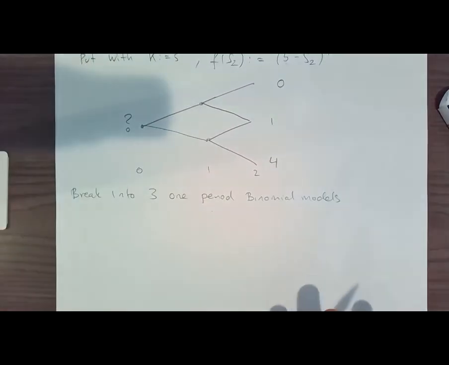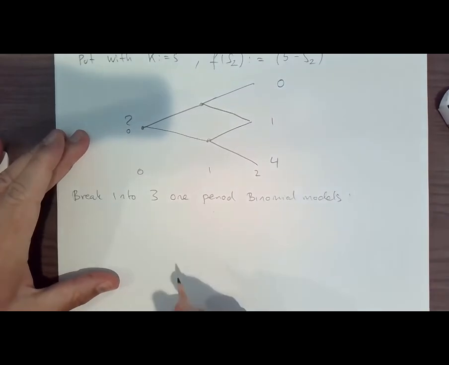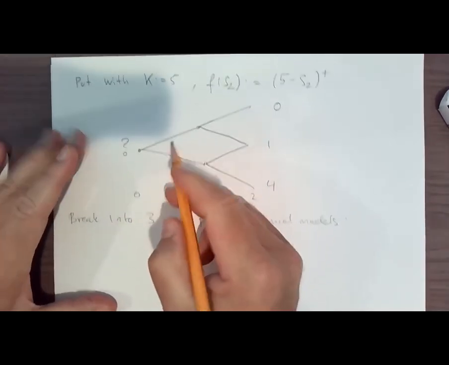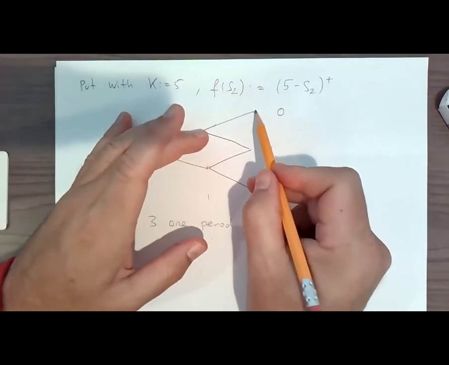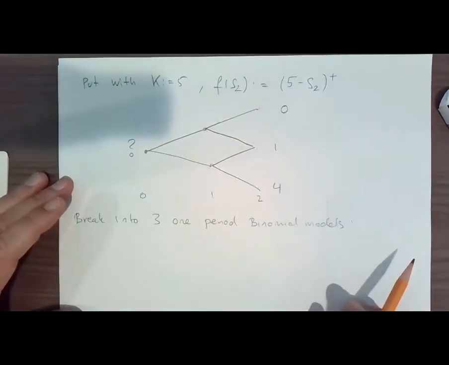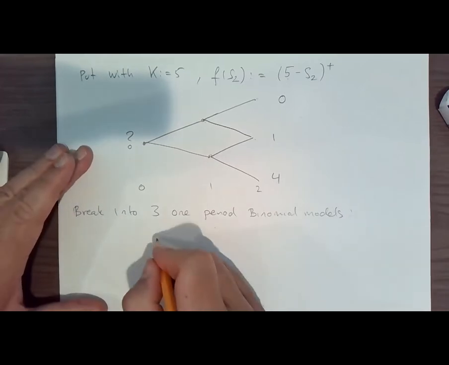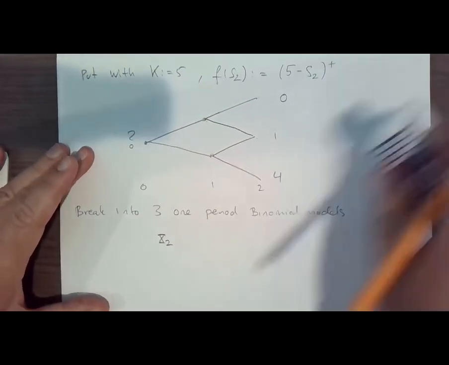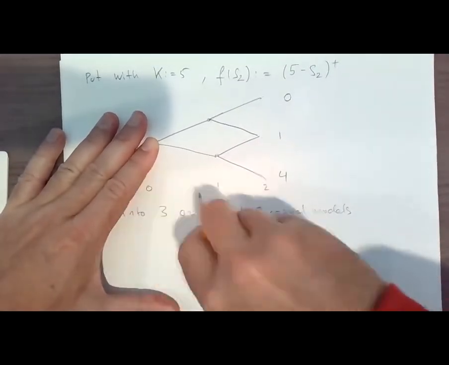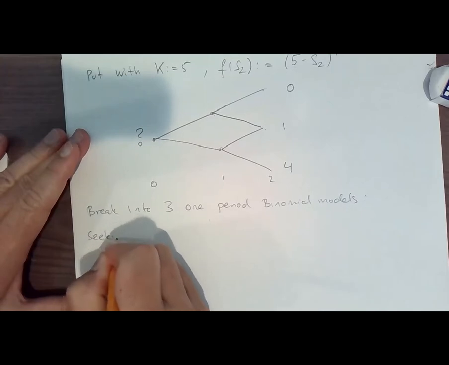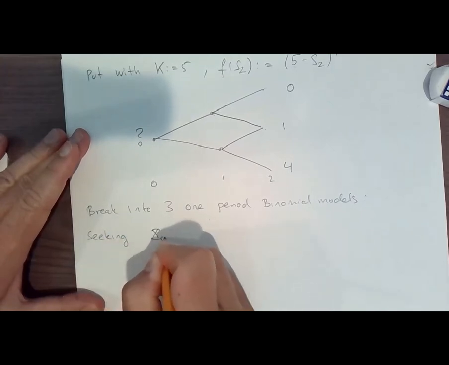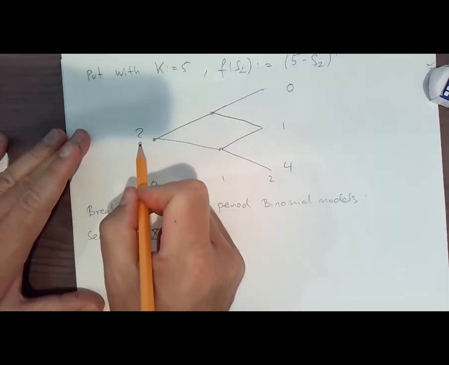Okay, so the way that we go about doing it is we start up here. So here we have had a coin flip that took us up. We've had a coin flip that will take us up here, or there will be a coin flip that goes down there. Okay, so let's try to do it. I want to have my wealth. I'm seeking X naught, right? That's going to be my question mark.